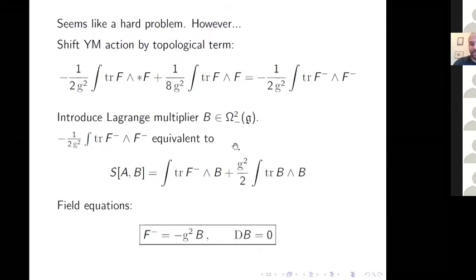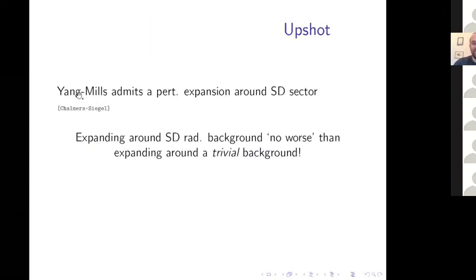They tell us that this anti-self-dual two form B solves the zero rest mass equation, where D is the covariant derivative associated with the gauge potential A, and that the anti-self-dual curvature of that gauge potential is equal to minus the coupling constant squared times that anti-self-dual two form B. What does that mean in real money? It means that Yang-Mills theory admits a perturbative expansion around the self-dual sector, right?